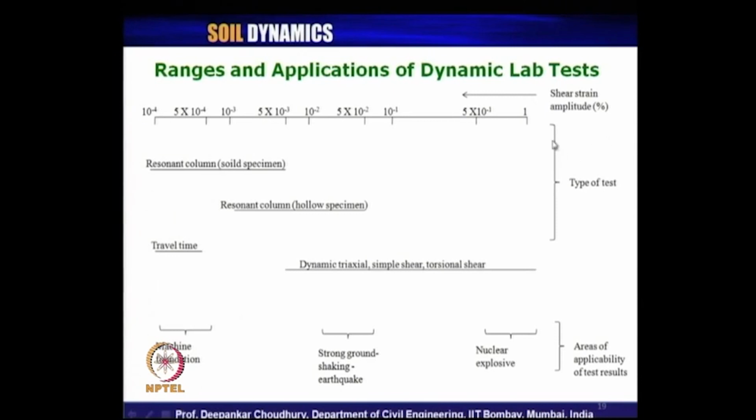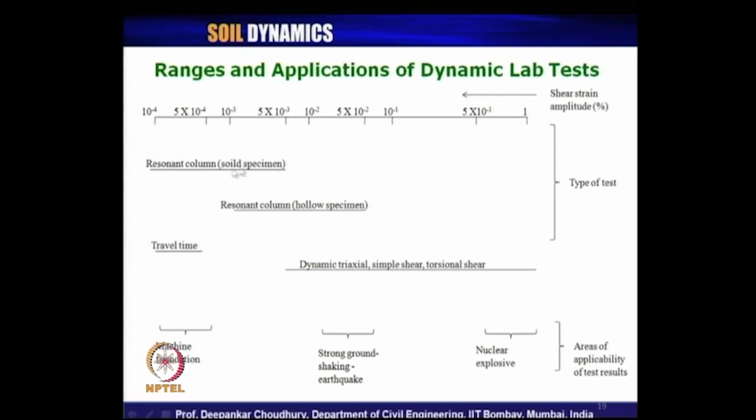Now, what are the different types of test which are used for which ranges of the cyclic shear strain? When we say resonant column test with a solid specimen, then generally the test range for the shear strain is between about 5 into 10 to the power minus 3 to 10 to the power minus 4% of cyclic shear strain amplitude.